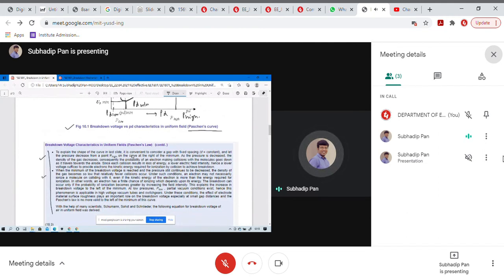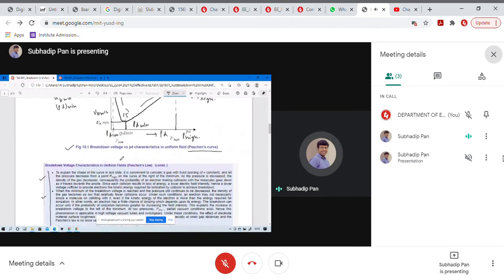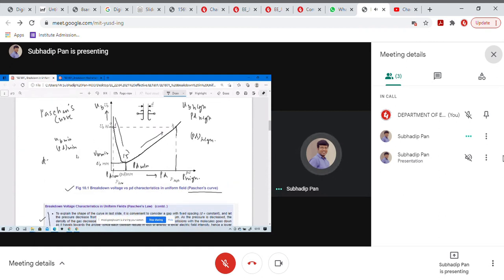So to explain the shape of this curve in the last figure, we are now explaining how this happens. To explain the shape of this particular curve, it is convenient to consider a gap with a fixed spacing d. Whenever we describe this graph, we have to consider d to be constant.